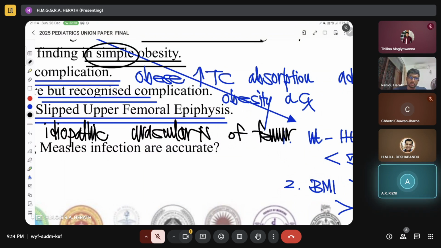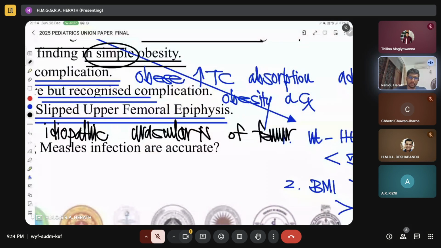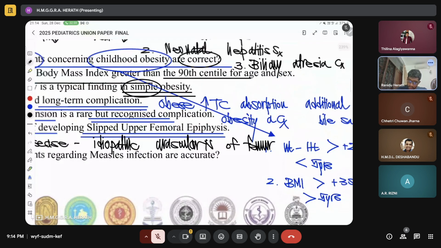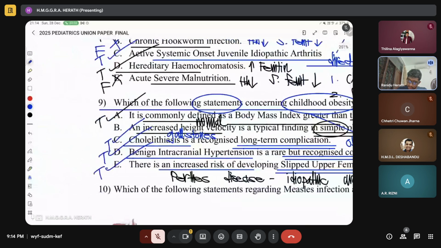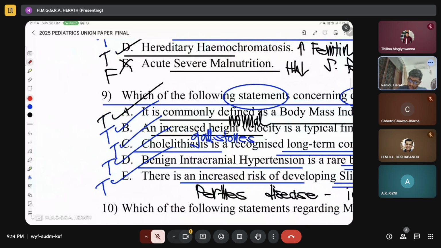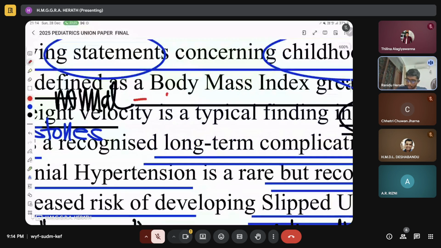Height velocity and bone age are advanced in nutritional obesity. Right, both are advanced it seems. So we got the answer to that. Increased height velocity is a typical finding in simple obesity, which is true. And we also found that bone age is also increased in nutritional obesity.